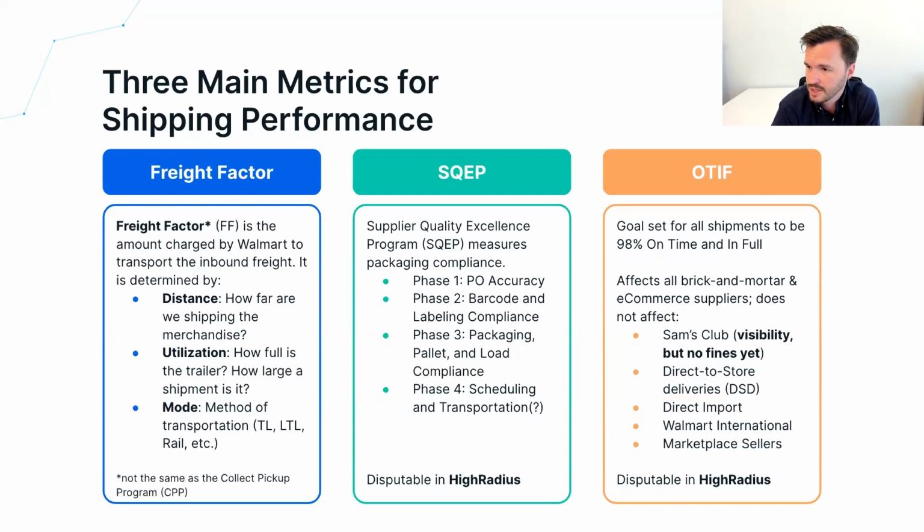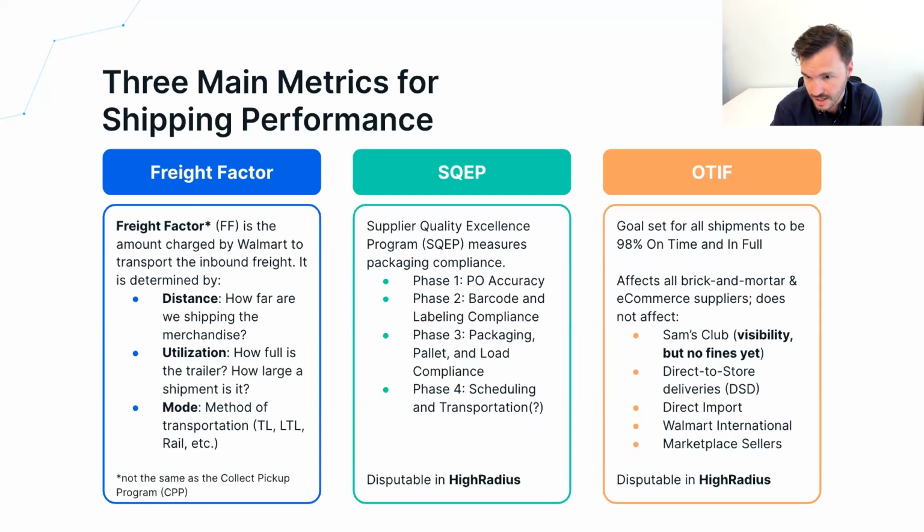So also let us know if you've heard an update on this. The latest that we have is that the Sam's Club version of OTIF is just visibility, and that there aren't fines yet for that. That would be great if it just stays that way forever. But OTIF does affect all brick and mortar and e-com suppliers. So the Sam's Club OTIF hopefully is just for visibility.